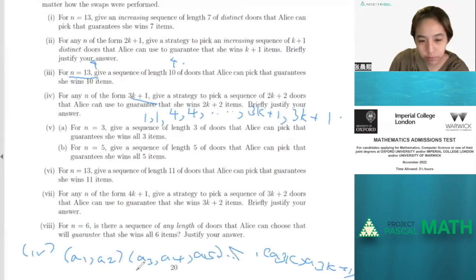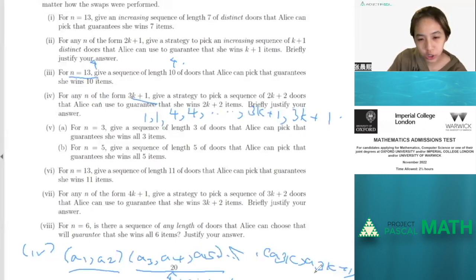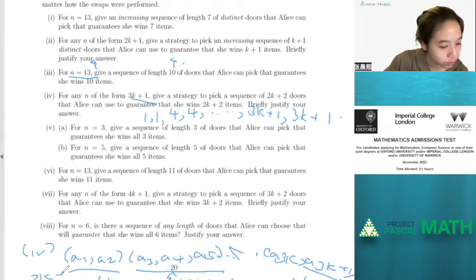And for every single door in the groups of 3, it's in the middle. So she wins at least 2 items from each group. And then at the boundaries, she also wins at least 1. So adding up everything together, you win 2k plus 2. And all in all, there are k plus 1 groups.